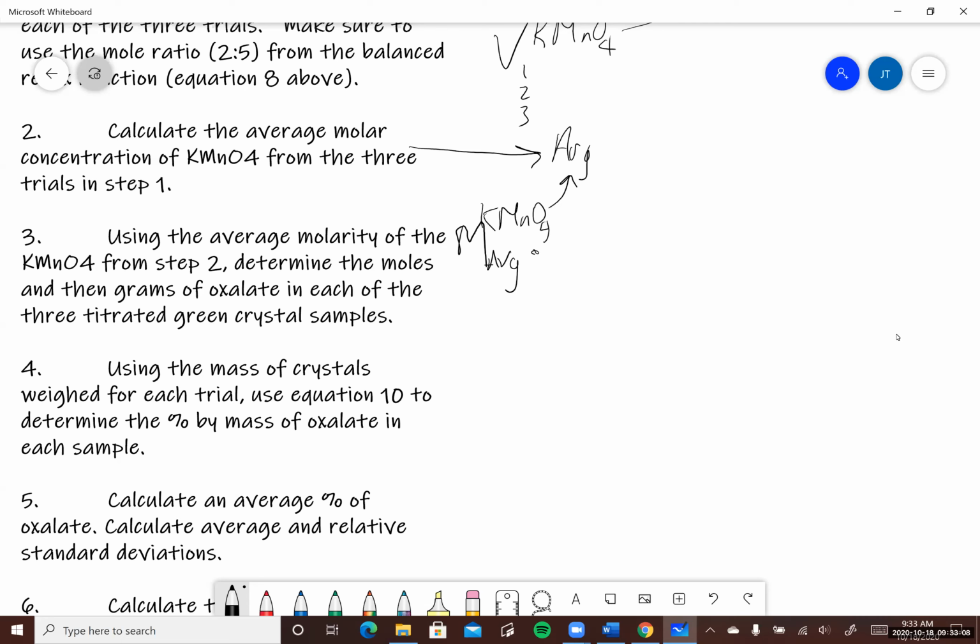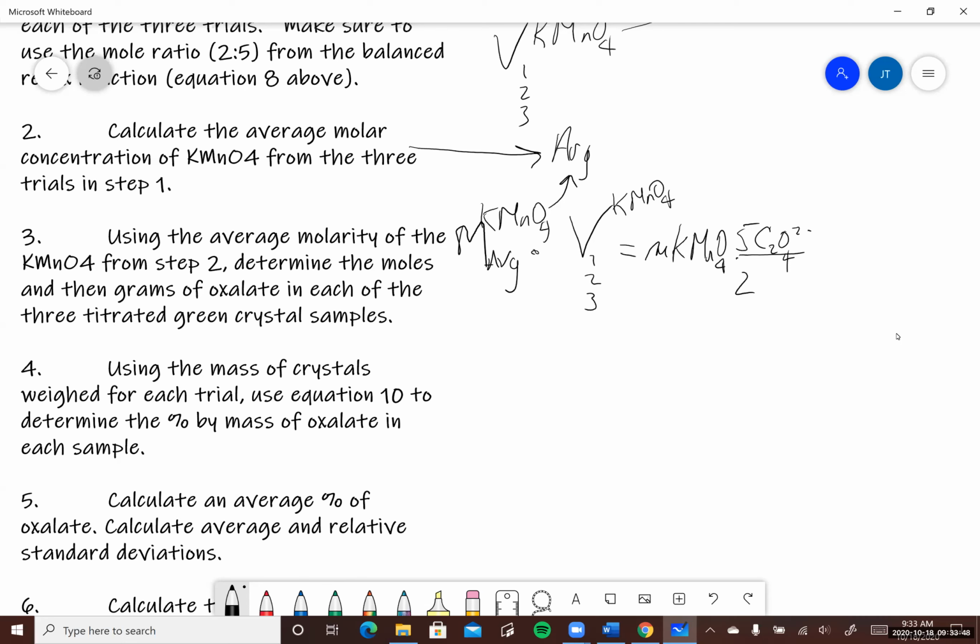I'm going to multiply that by the volumes of the 1, 2, and 3 samples of the potassium permanganate that I titrated into those samples. And that's going to give me the moles of potassium permanganate.